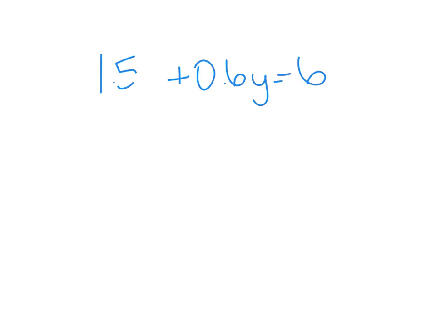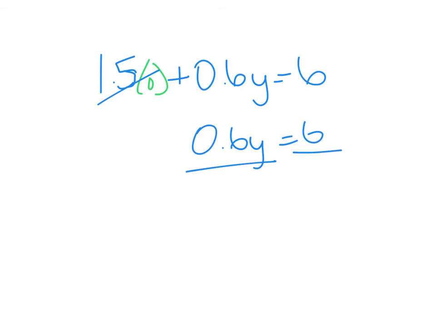So instead of x, I put a 0 here. What is 1.5 times 0? 0. So I have 0.6y equals 6. How do I get the y by itself? Divide by 0.6. I get y equals, what is 6 divided by 0.6?